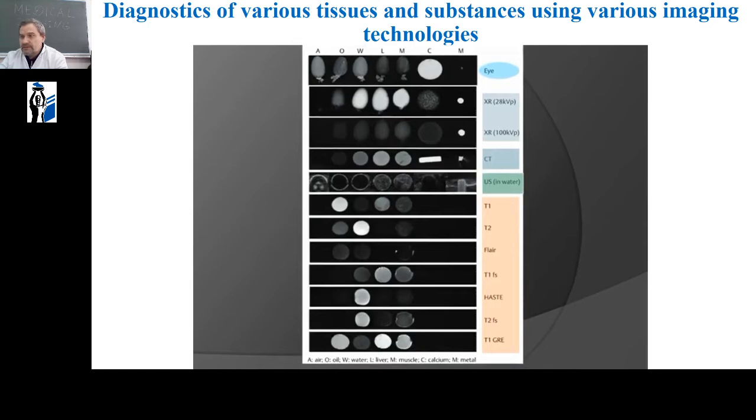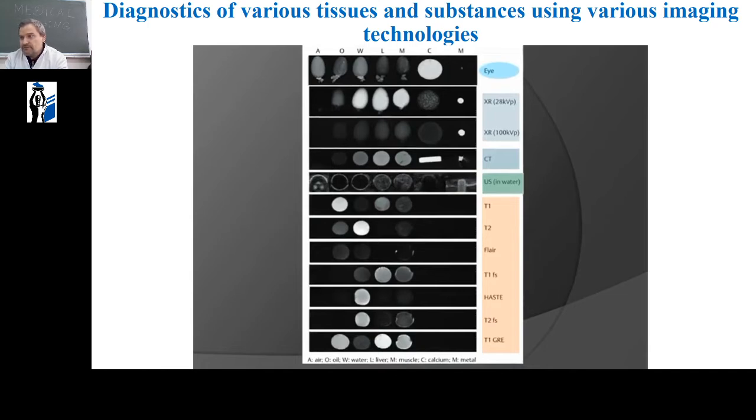Why is this happening? Why are the stages of the diagnostic process unavoidable? Let's analyze this slide. Why are there many methods of radiation diagnostics?